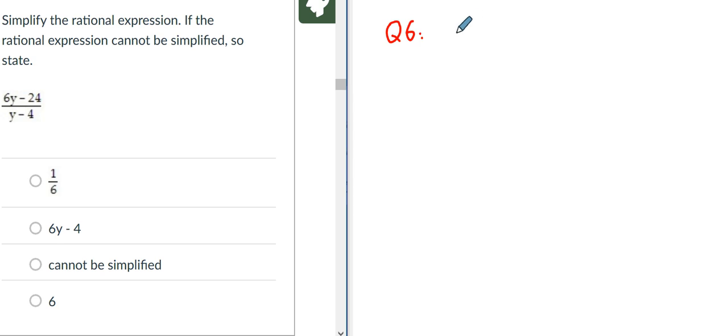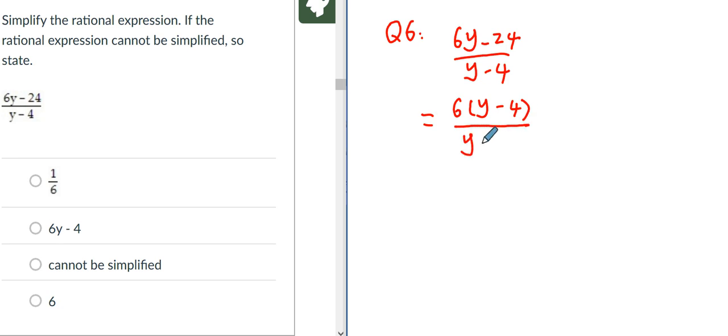Here we can see 6y minus 24 over y minus 4. Upstairs you can pull 6 out, and y stays in, and here will be 4. And that will be 1 times y minus 4 downstairs.